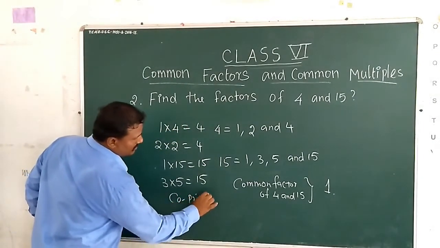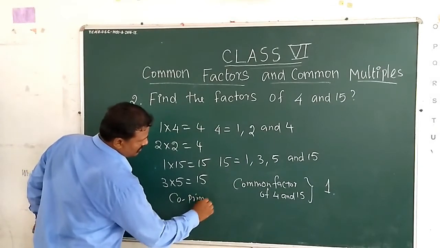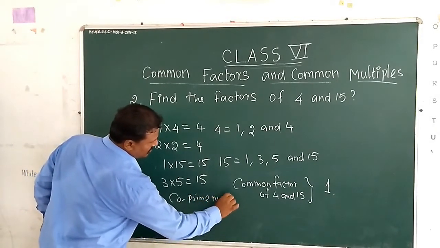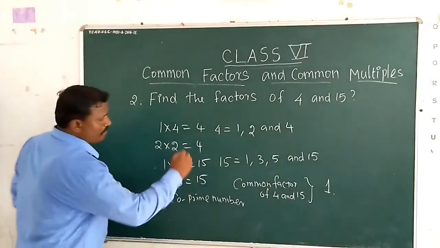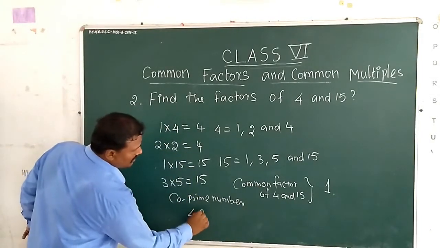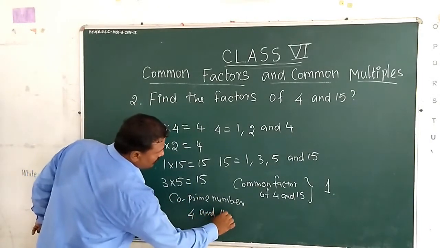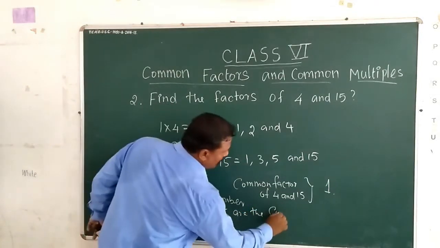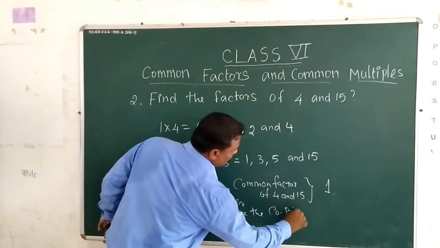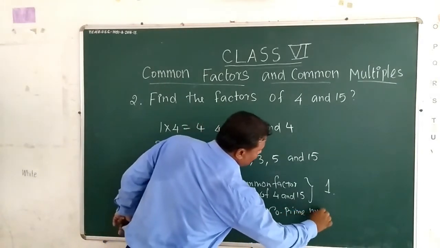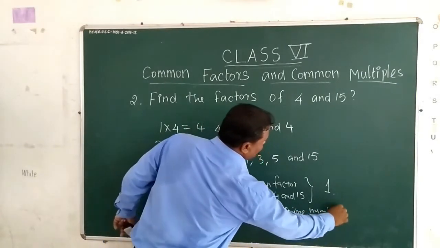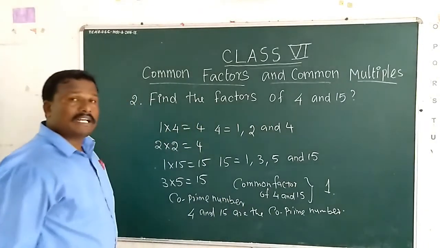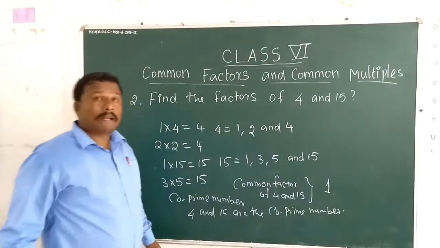Co-prime numbers. So 4 and 15 are co-prime numbers.